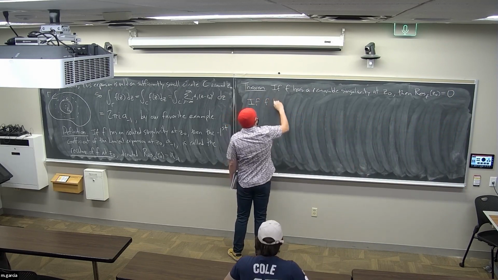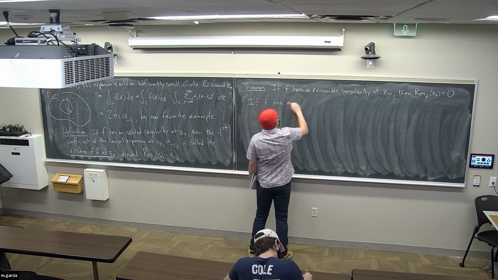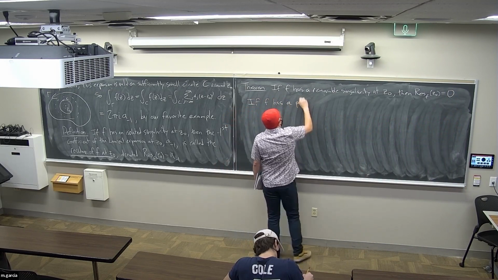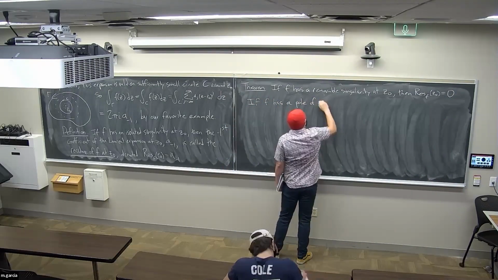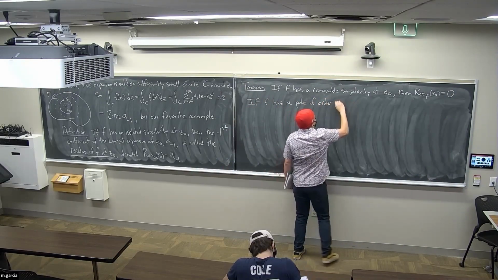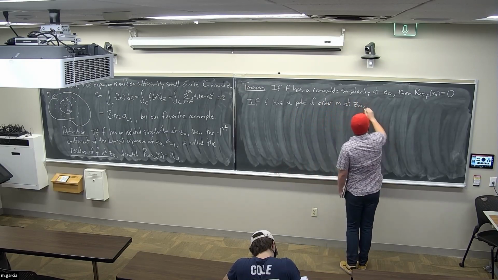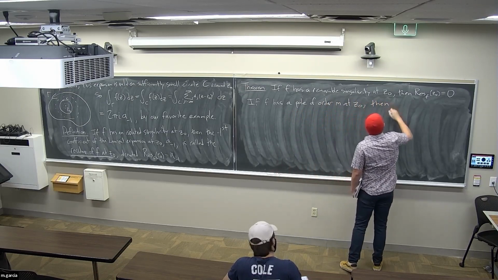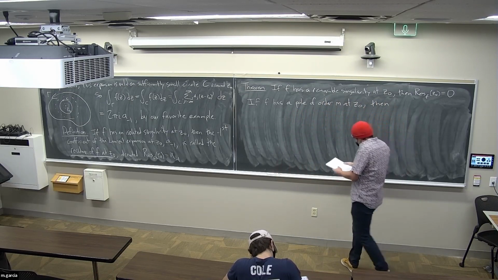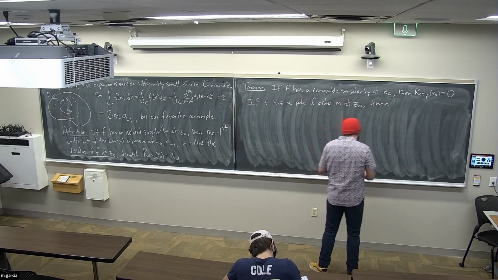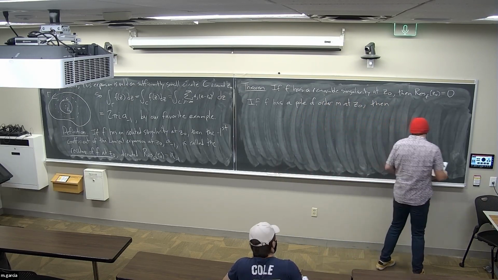If f has a pole of order m at z naught, then maybe this isn't so surprising, but it definitely makes our lives easier.